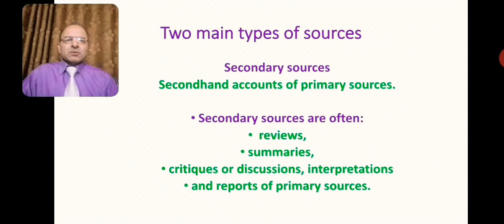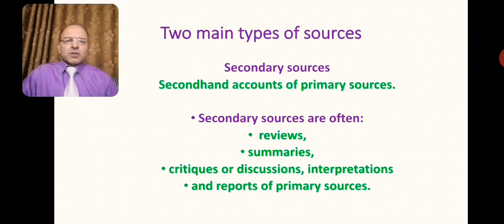The secondary sources then are the second-hand accounts of the primary sources. So secondary sources include sources such as reviews. So you find reviews, and then in those reviews you find references to the primary sources. You don't have access to the primary sources, but you include the summaries or the critical reviews included in the secondary sources in your own literature review.